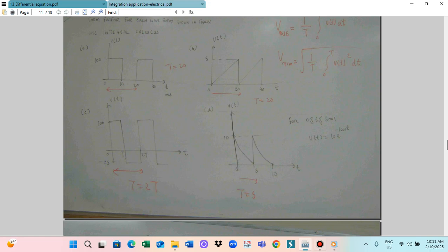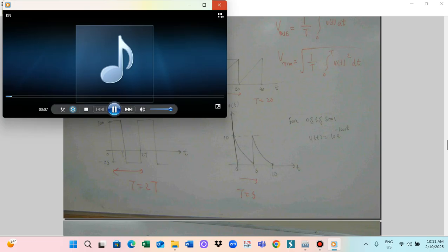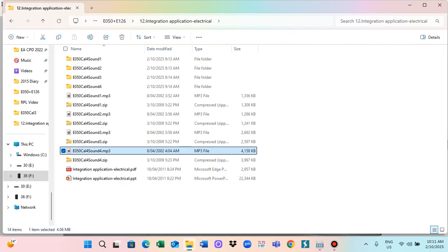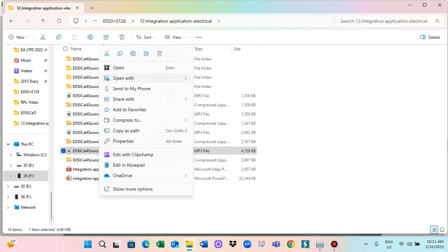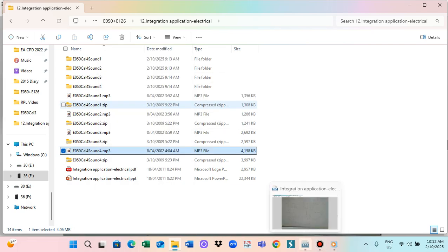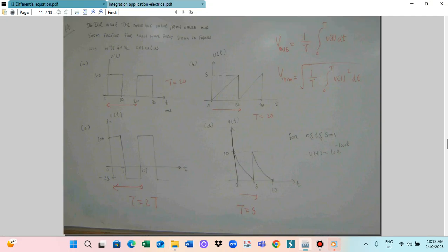Okay, the next topic is the RMS value of the complex waveform. Then you can also calculate the form factor. The form factor equation is RMS divided by average.